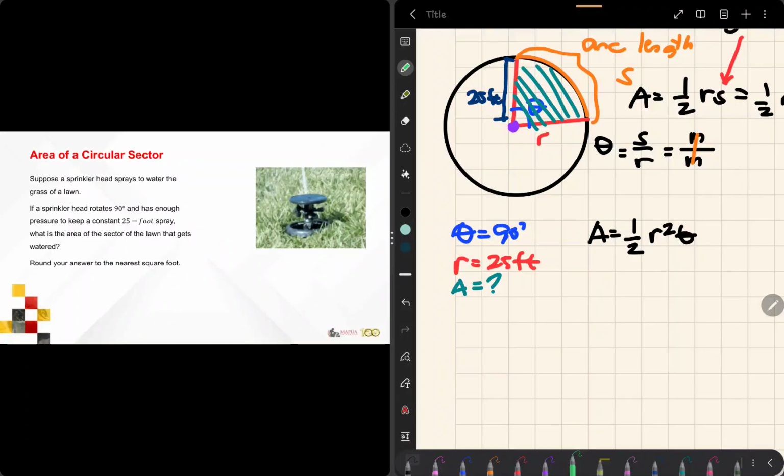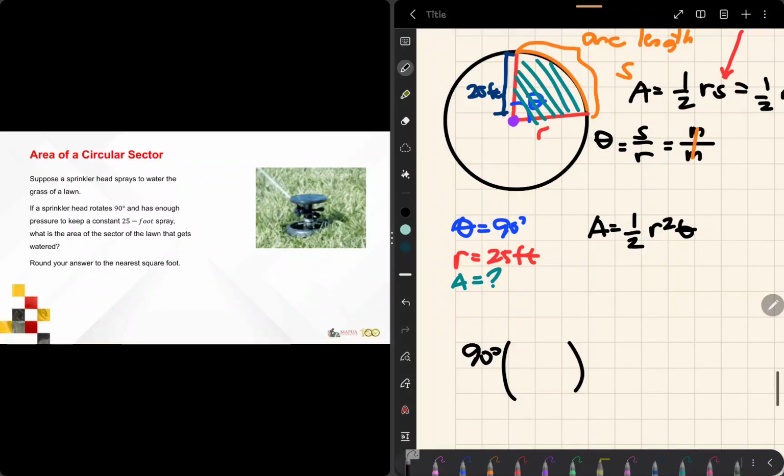Converting 90 degrees into radians, for every pi radians we have 180 degrees, so we will have pi over 2 radians.